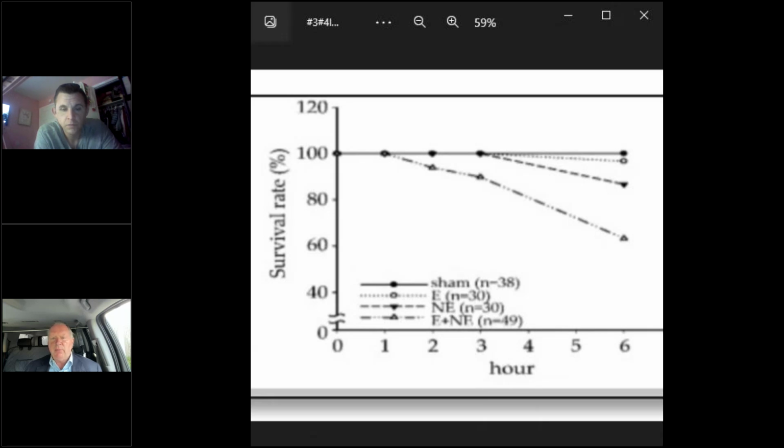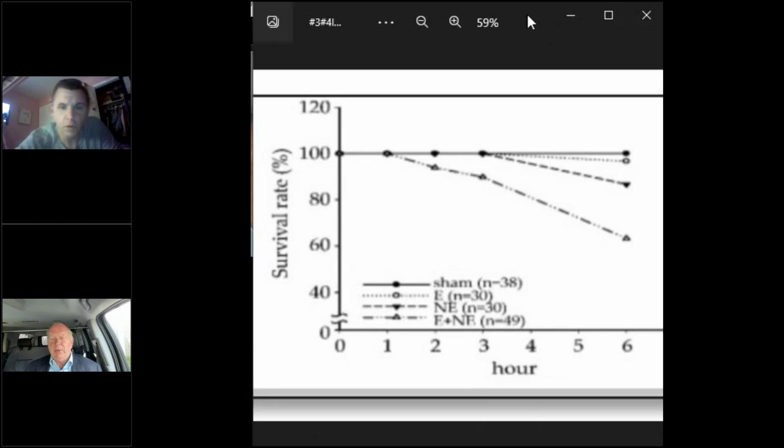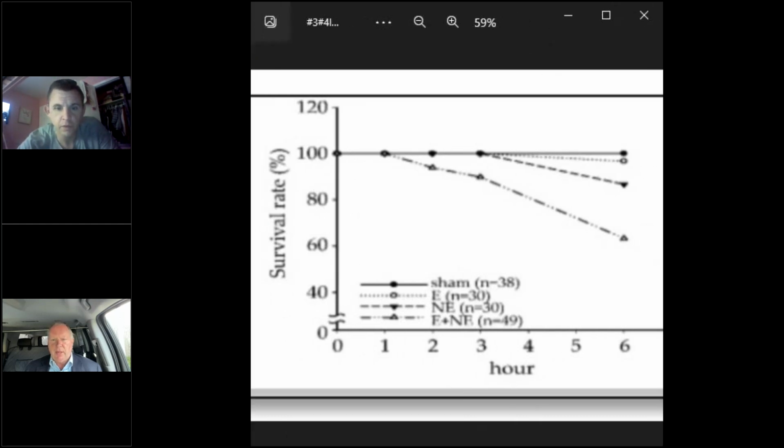And on the bottom, you see hours. The 4 lines are salt water, epinephrine, norepinephrine, and the combination of epinephrine and norepinephrine. As you can see, over time, epinephrine kills a few, norepinephrine kills more, but the combination of epinephrine and norepinephrine, after about 6 hours, had killed about half of the mice who received that combination.